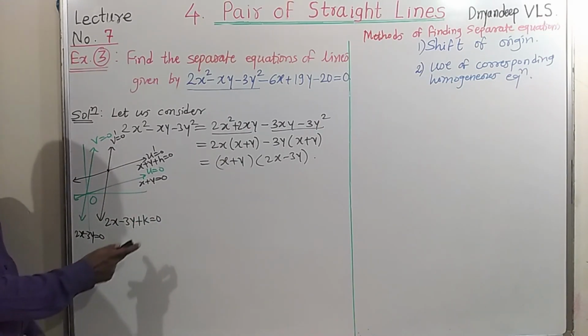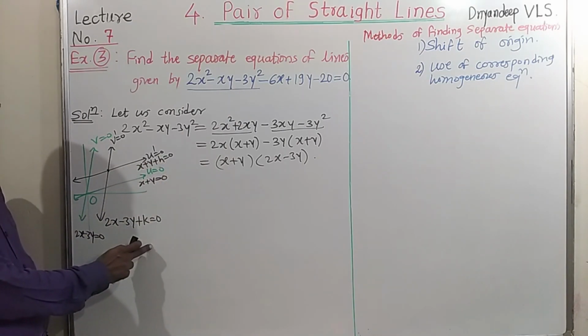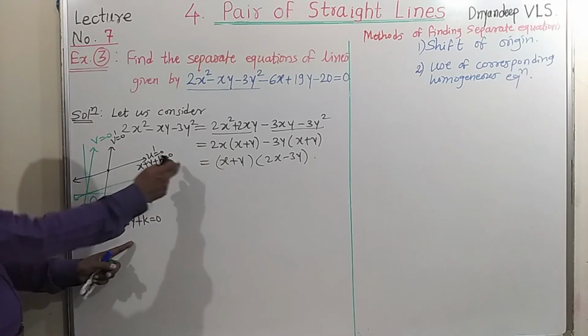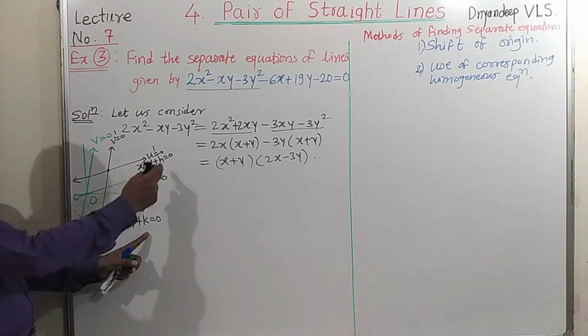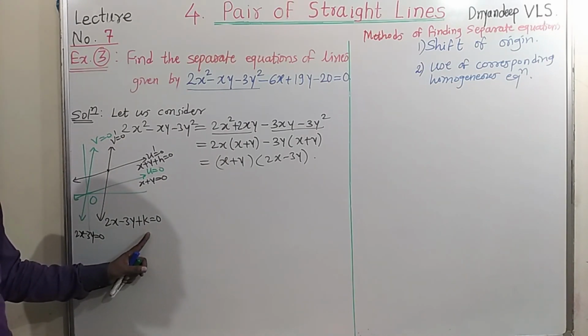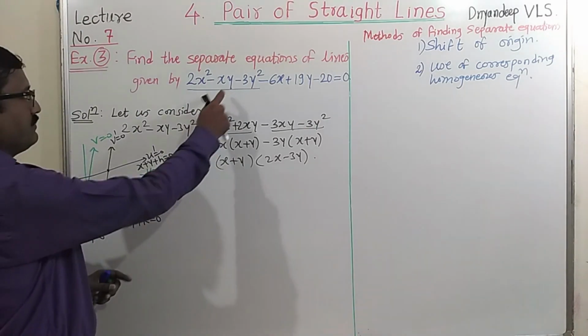Is it okay? We have taken h and k because these two lines are passing through origin and these two are not passing through origin, so there will be a constant in each equation. Now consider the separate equations of these two lines.